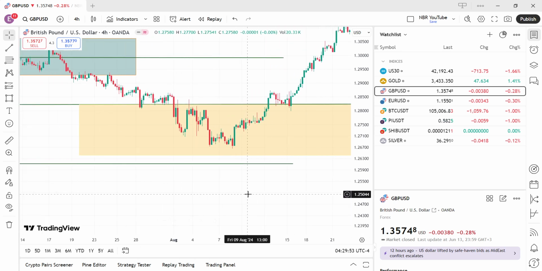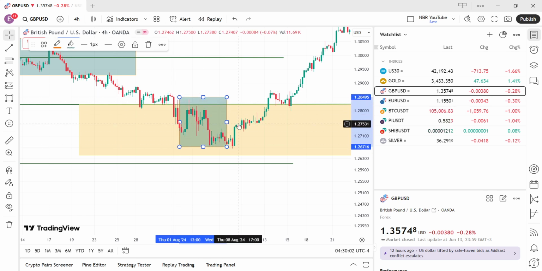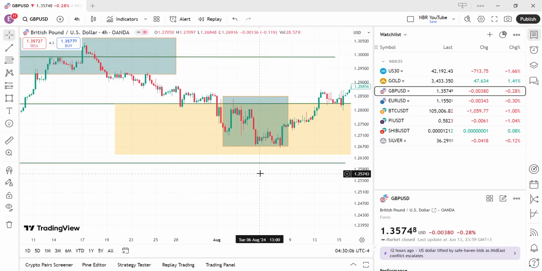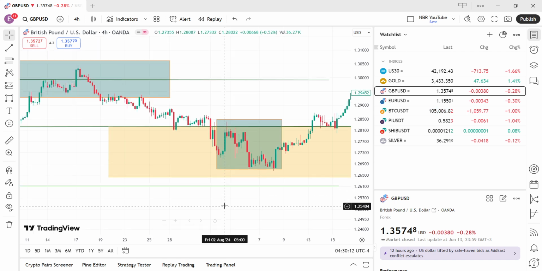But what I can focus on at the same time, if I select this market fractal here, there is a change in conditions. And what is the change? What I have here, I have relative equal lows, and I have here relative equal lows.